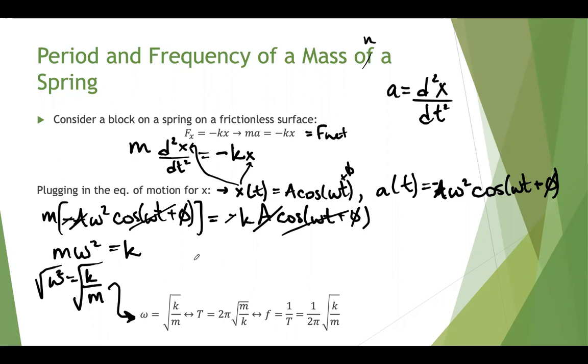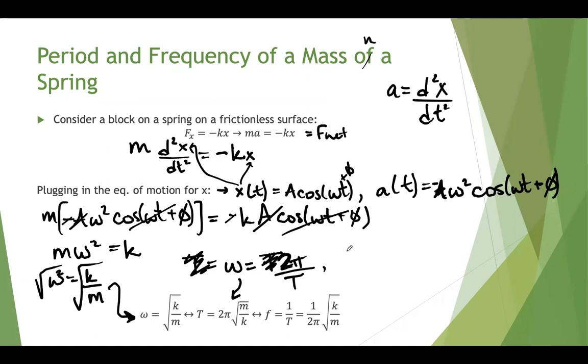So remember that omega was equal to 2 pi over T, okay? So that's how we get to there.